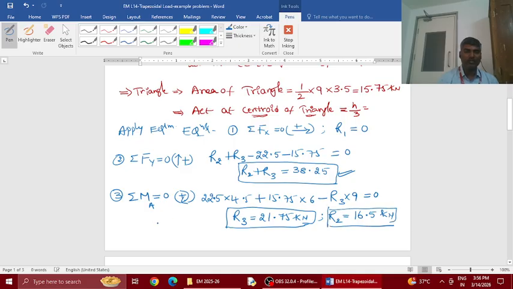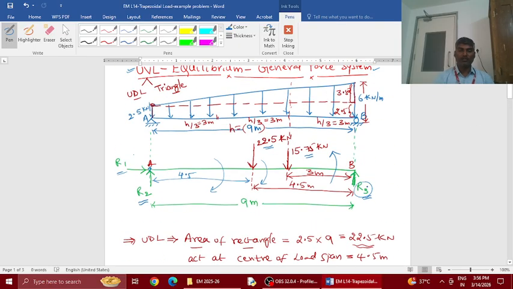So you can see R1 is 0, which is the horizontal reaction. R3 is the right support reaction, which is 21.75 kilonewton, whereas R2 is 16.5 kilonewton only.